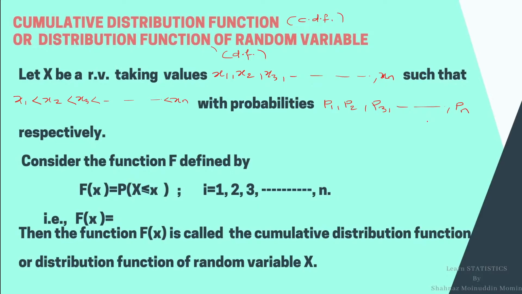Consider the function f defined by f of xi is equal to probability x less than or equal to xi, where i is from 1 to n.